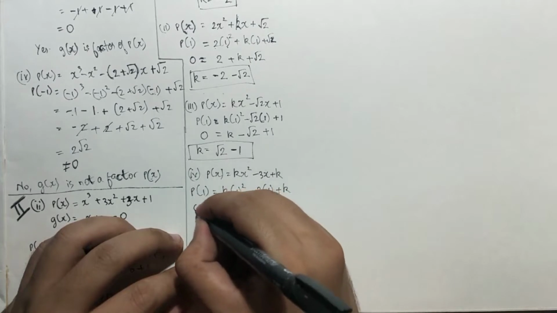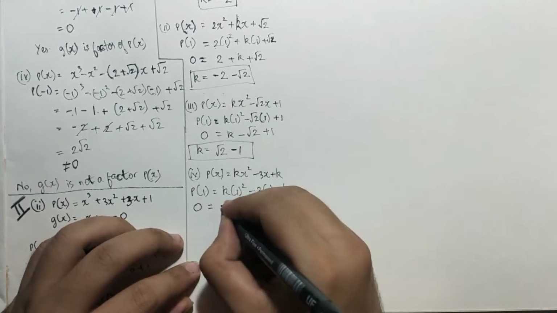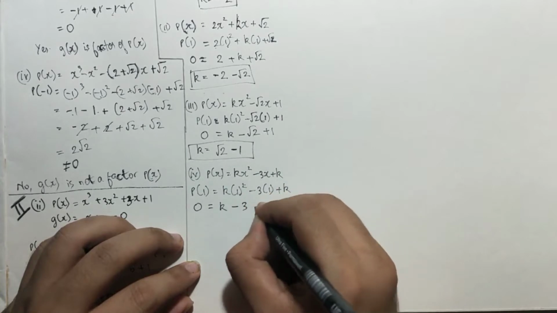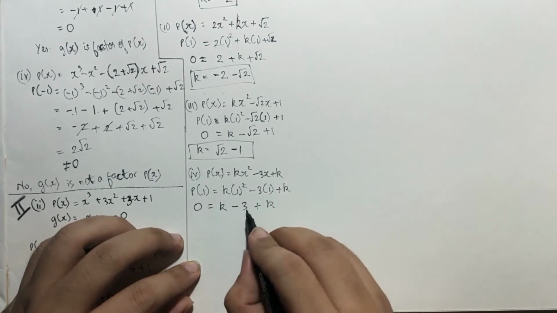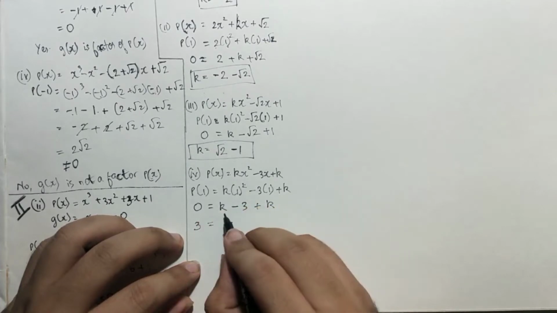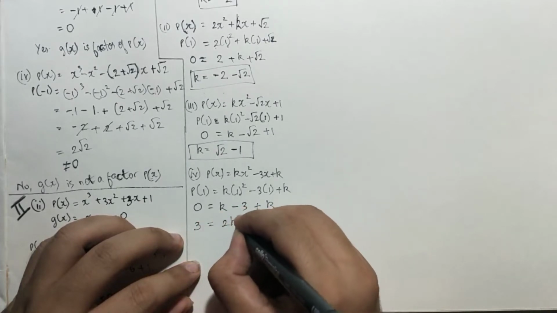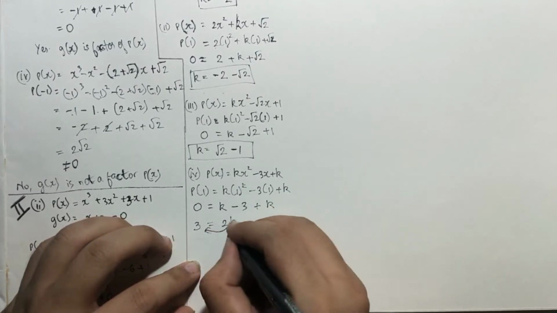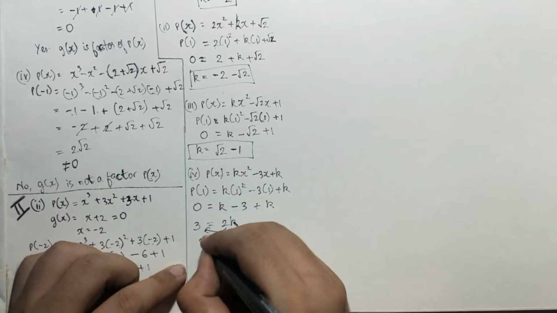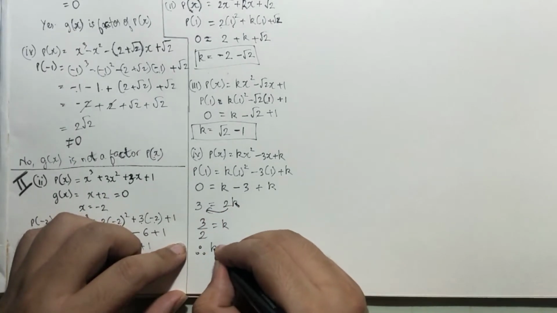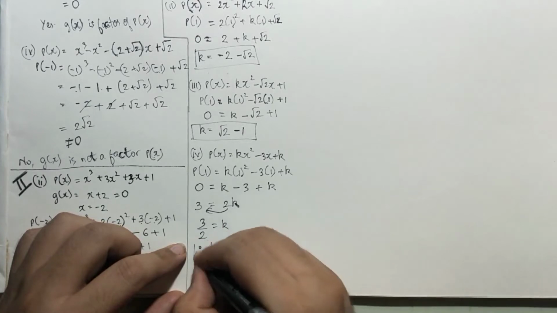As the remainder should come out to be 0, this will be k, 1 square is 1 into k is k, minus 3 plus k. This minus 3 will go on that side, it will become plus 3. On the right hand side, k plus k will become 2k. Take 2 on the left hand side, it is multiplying k, so it will get divided. So 3 by 2 will be equal to k. So your final value is k equals 3 by 2.